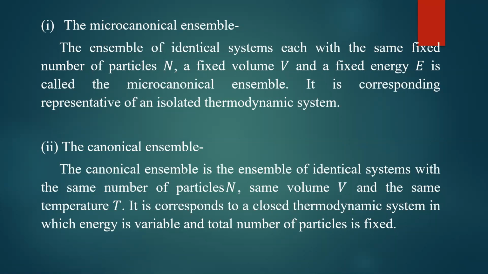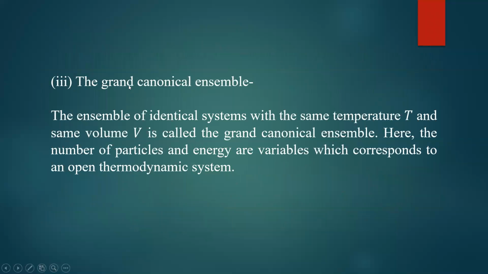Micro-canonical is an isolated system where no matter and no energy will be exchanged. Canonical ensemble is a closed system where energy can be exchanged, but number of particles cannot. The third one corresponds to an open system. It is called the grand canonical ensemble.